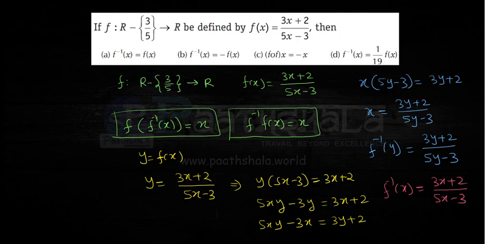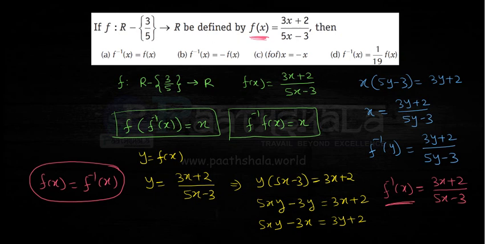To get the inverse of f(x), we need to replace x by y and y by x. So we can see f inverse of x is the same as f of x itself. It means that f of x is equal to f inverse of x here.